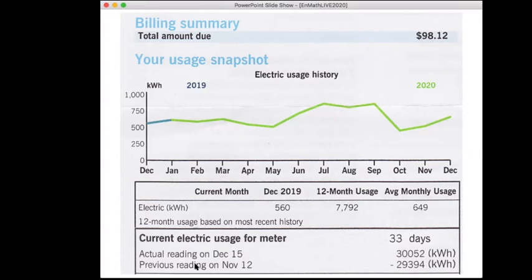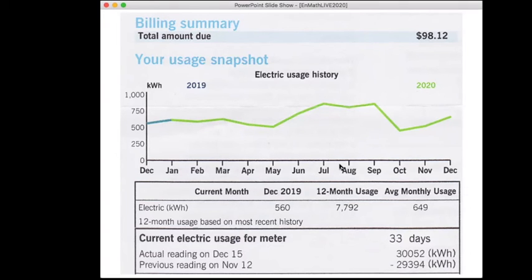But here I have the information I need. In November, this was the reading on my meter, 29,394 kilowatt hours. And in December, when they came back, the number was now 30,052. So how many kilowatt hours did I use? Just subtract those, right? And that'll give me the number that belongs right here. That's how you get the kilowatt hours.